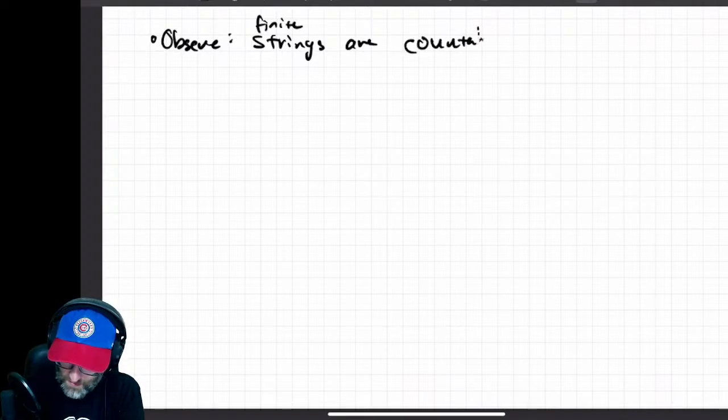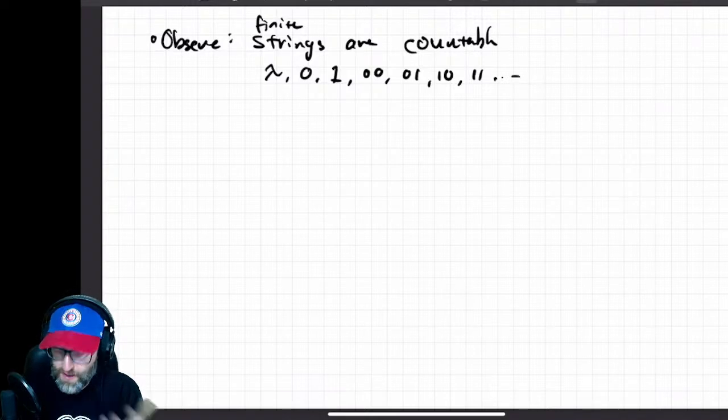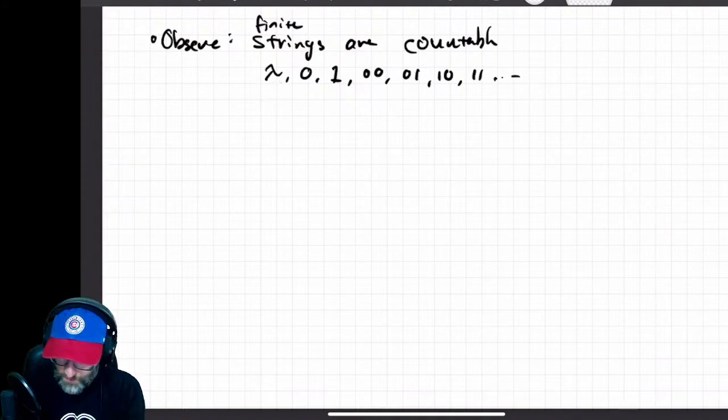Lambda, 0, 1, 00, 01, 10, 11, dot dot dot. Again, if you look at it as an integer representation, then we're missing negative numbers. This is not necessarily an integer, and of course we've got a lot of repetition here. 0 and 00 are exactly the same representation, but whatever. The point is that they are countable. Okay?